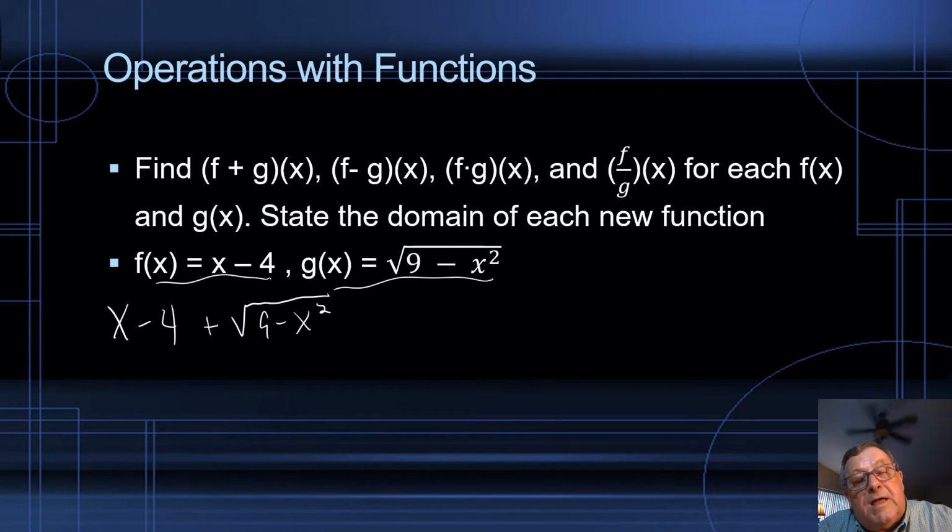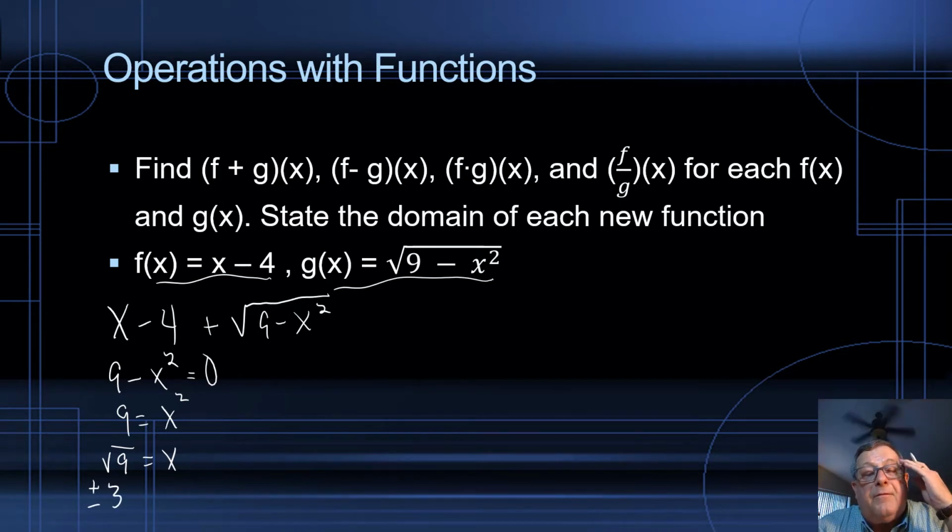So I could set what's inside that radical, 9 minus x squared, equal to 0. Anything 0 or greater is going to be okay. So then I've got 9 equals x squared, and then we take the square root of both sides, and the square root of 9 is plus or minus 3.